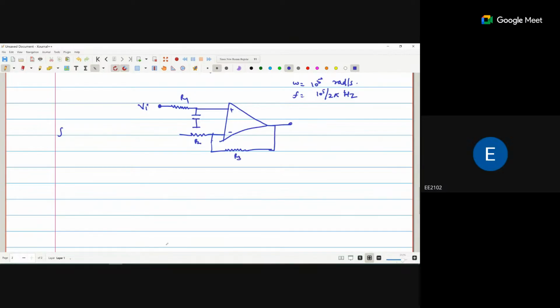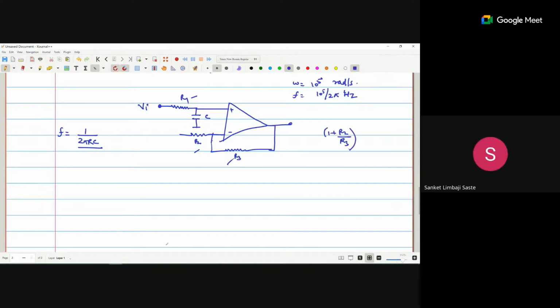Now, how do you calculate the frequency? F is equal to 1 upon 2 pi R. But which R do you consider? This one, this one, this one. And what is the magnitude? Because there is R2 upon R3, that will provide the gain 1 plus R2 by R3.